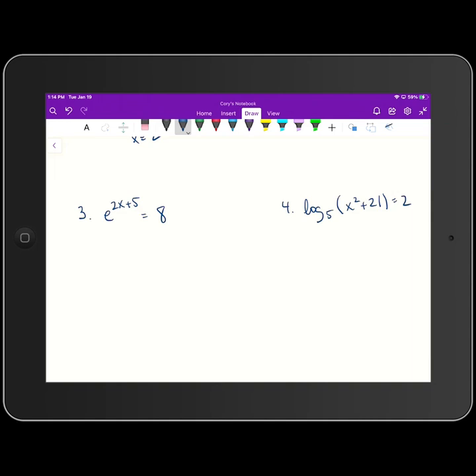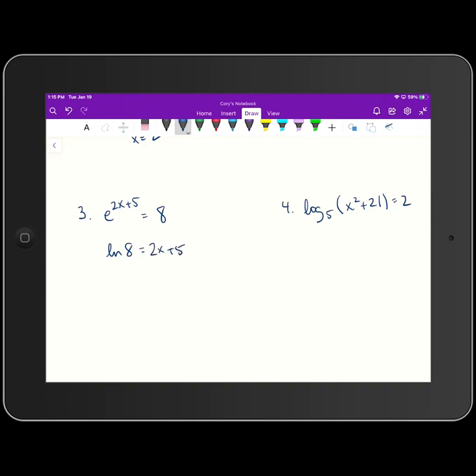If we were to do that, since our exponent has base e, our log has to have base e as well, so that is natural log. What the exponent is equal to is the argument of the log, and then the power is what the log is equal to.